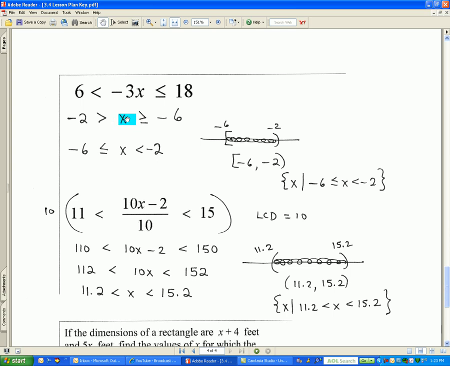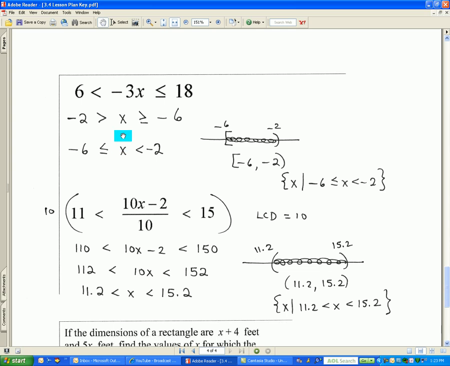Now, one thing that's not good about the way this is written, -2 is actually a larger number than -6. So it would be a lot better to write this as this, okay?